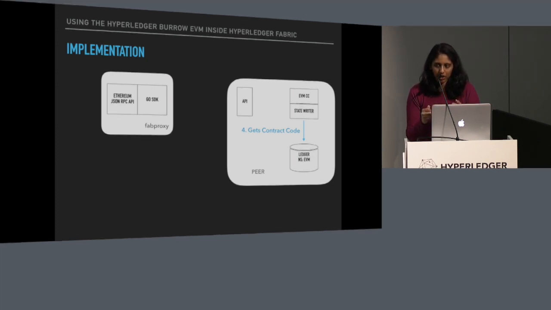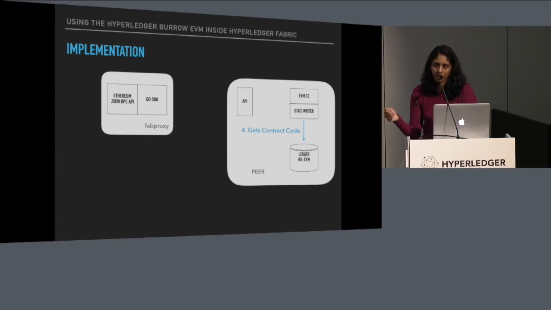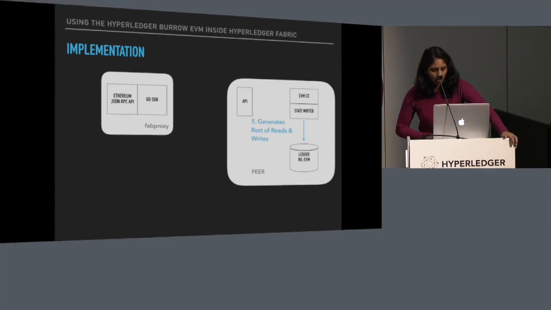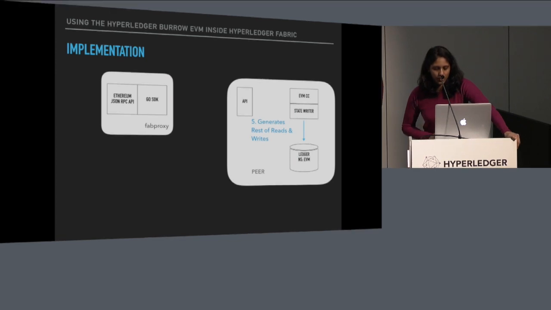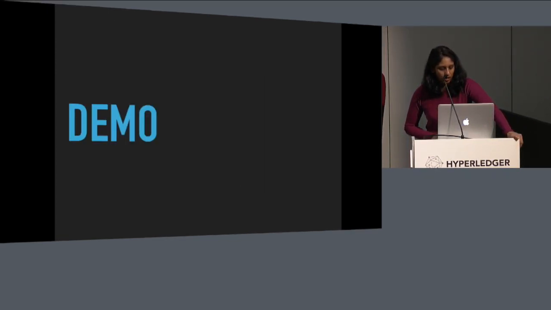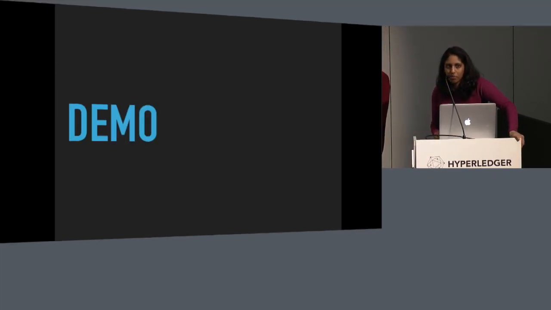For EVM smart contracts, the contract code is going to be on the ledger. We're actually committing it into the ledger, and you're not going to go through the install and instantiate process as you do in Fabric. That's mostly because install and instantiate applies to the EVM chaincode, not the smart contracts that you deploy through it. And then the rest of it is just generating reads and writes. And this is usually where I do a demo.